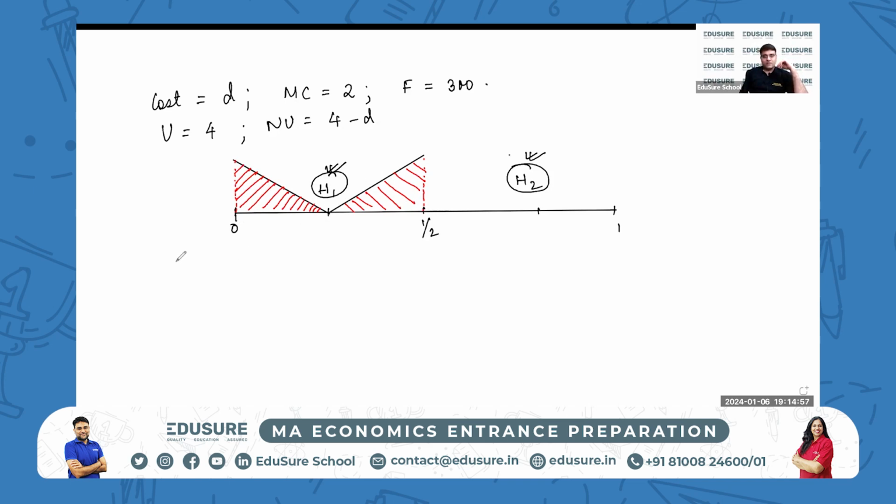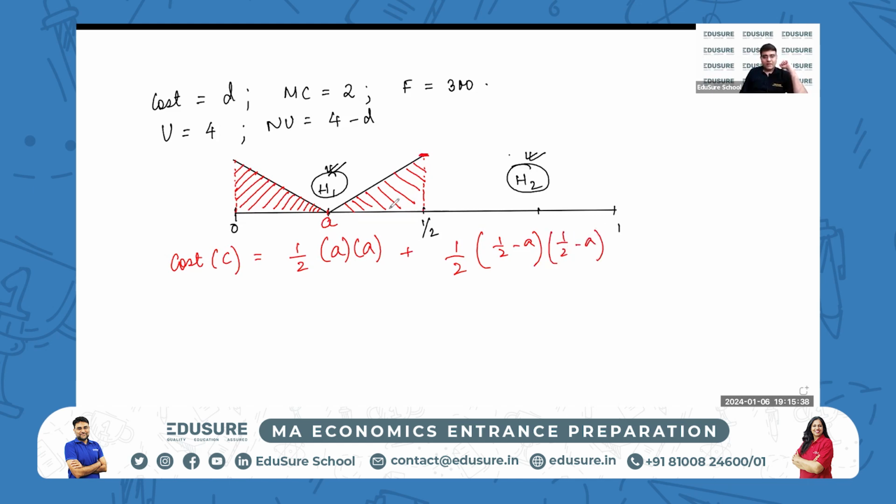If I call this cost C, the area of this triangle is half into base A into height A. Plus half into this, which is half minus A distance, and the person located at this point, that's half, will have to travel to A. So again, half minus A for the height.